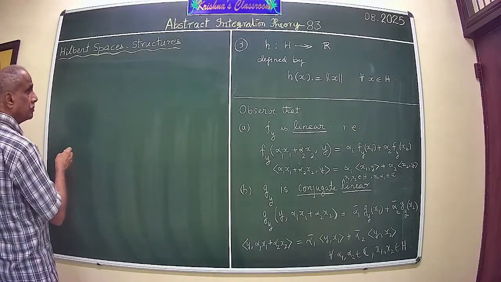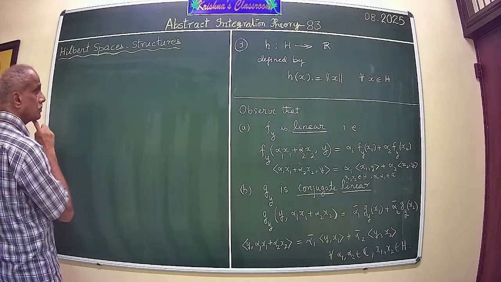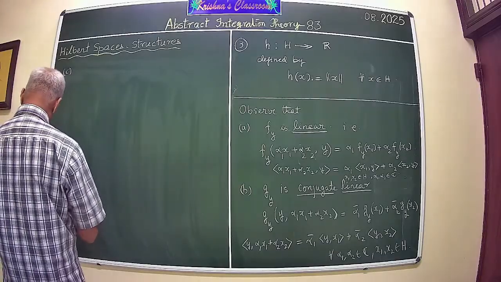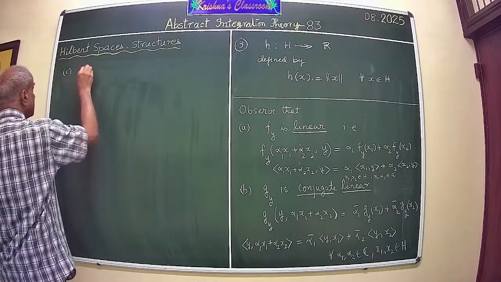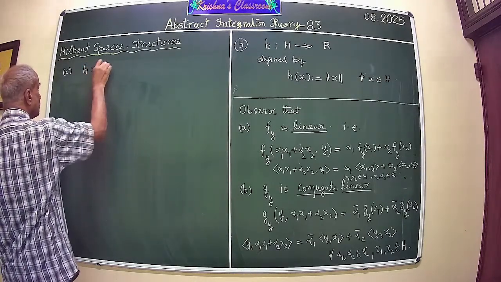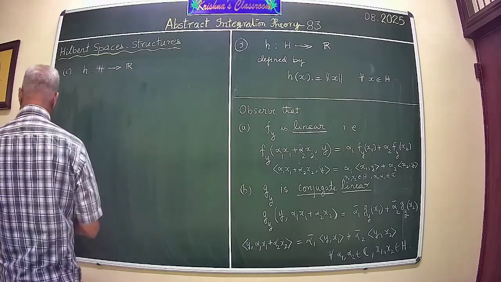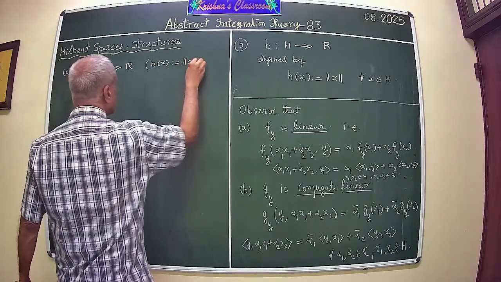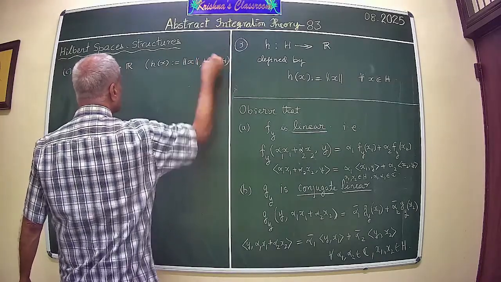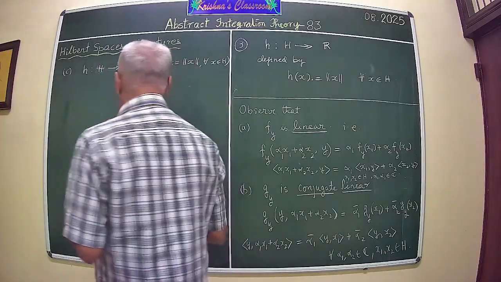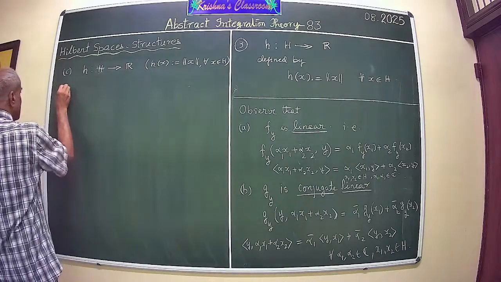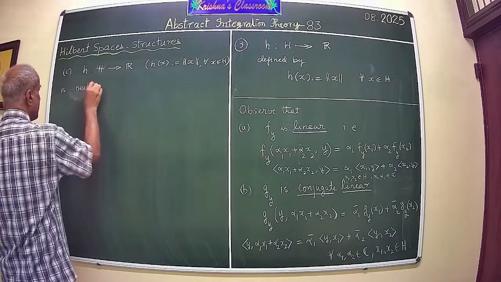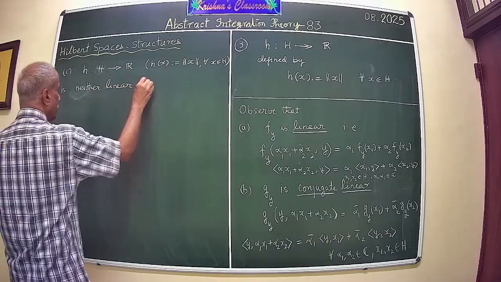The third map, the norm, by definition is neither linear nor conjugate linear.